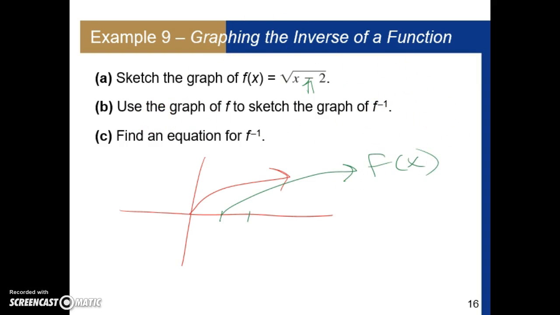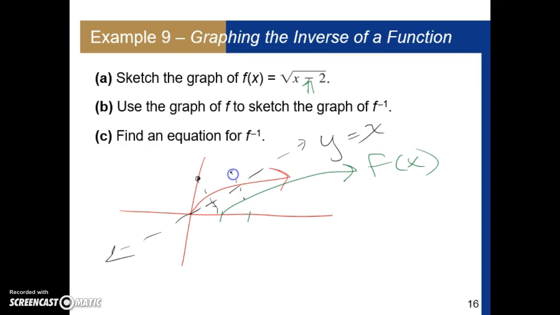If we want to sketch the graph of f inverse, we're going to have to find the line y equals x. There's the line y equals x. And we take every one of these points and perpendicularly we transfer them. Oop, I lost my point. We reflect them perpendicularly over the line y equals x.